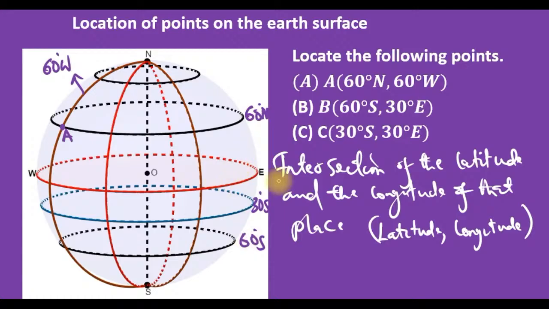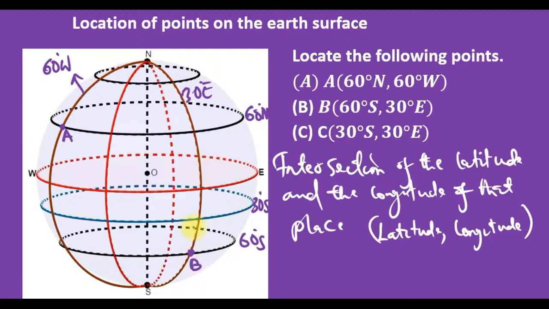This is east, so let me call this 30 east. The point of intersection of 60 south and 30 east, do you see it? This is the longitude 30 east, while this is the latitude 60 south. So this is point B.